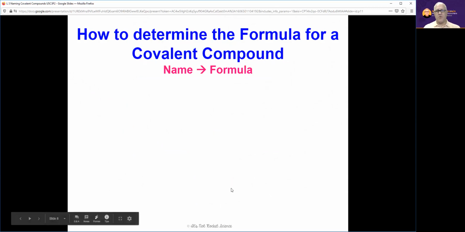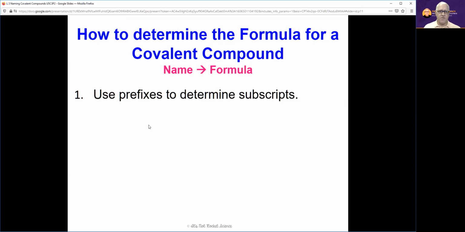All right, now, how do we determine the formula for a covalent compound? I give you the name and you break it out to the formula. And we've done lots of these with the ionic compounds. We're going to do some more of them here with the covalent compounds. Well, the first thing is you use the prefixes to determine what the subscripts are.